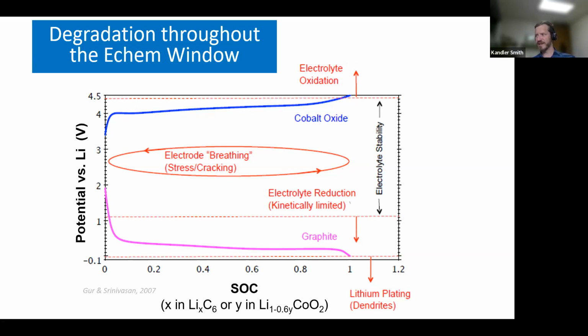For example, we just got a nano CT instrument online in the last year, and my colleague Donald Finnegan is imaging electrodes at the beginning of life and then end of life, but then also trying to come up with novel ways to do it partway through life with an operational cell. If we can make those things operando and in situ, that would be a big help to understanding the coupling between mechanical changes, which drive surface area changes, which is the coupling with these calendar life side reaction things.